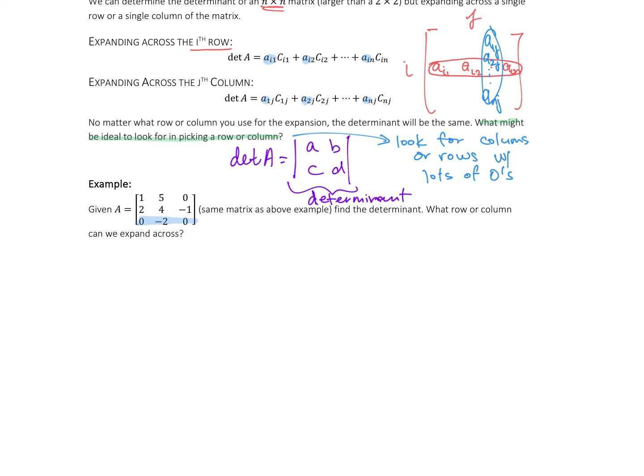All right, so we're going to expand across this row here, which means that our determinant for A is going to be our A 3, 1 position, or that value, times the cofactor of the 3, 1 position, plus A 3, 2 cofactor of 3, 2, plus A 3, 3 cofactor of 3, 3.